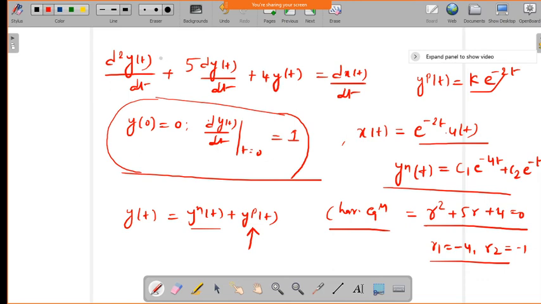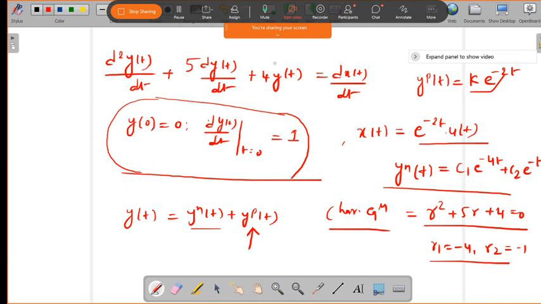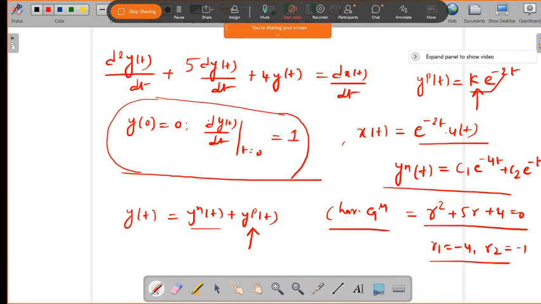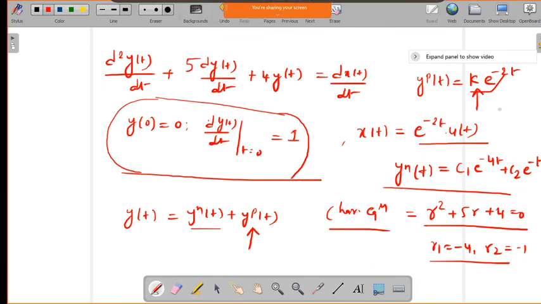So, what is the value of k? So 1. Okay. So, k value is 1.